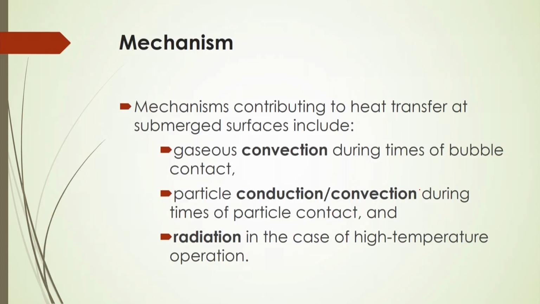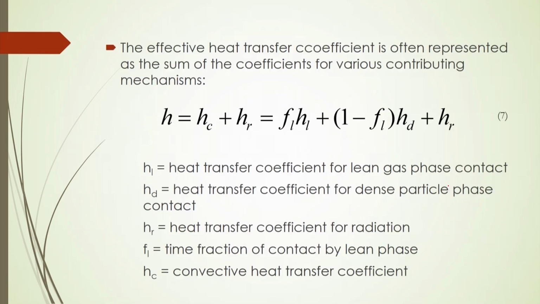Now, what are the different mechanisms of heat transfer at the submerged surface? They include gaseous convection during times of bubble contact, particle conduction or convection during times of particle contact, and radiation in case of high temperature operation.